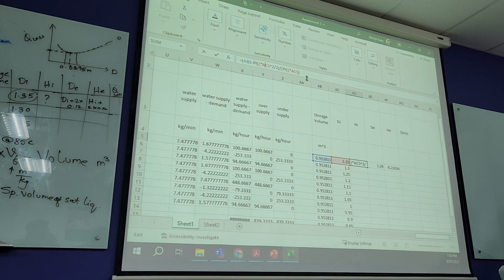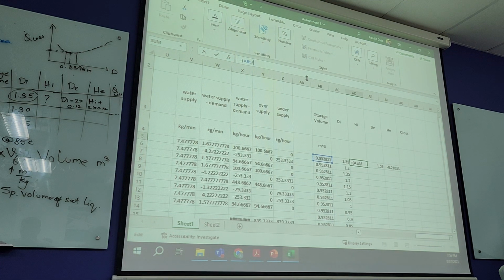Okay, hold on. So let me simplify this. Pi r squared. Okay, let me use one of your formulas. So that's volume.